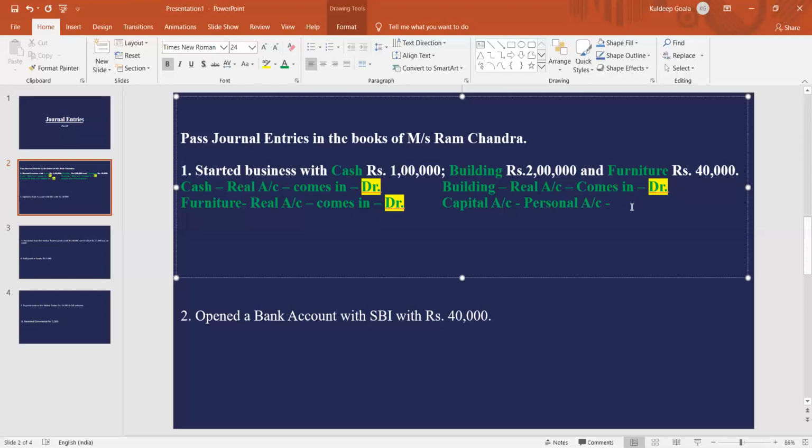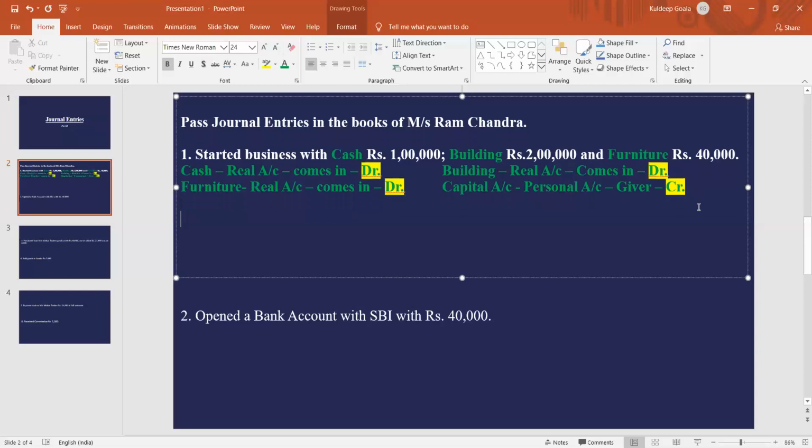So with the business, he is giving the things in the business. He is a giver, and giver will be credit. How much is he giving? Remember, he is giving cash 1 lakh, building 2 lakh, and furniture 40,000. That means in total he is giving 3,40,000 rupees. So he is a giver of 3,40,000. Clear?